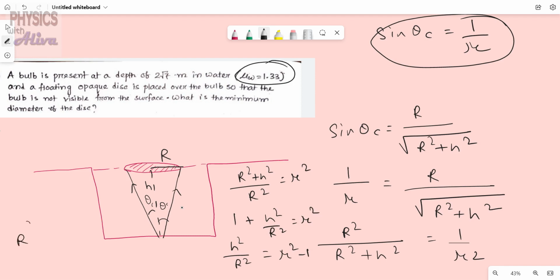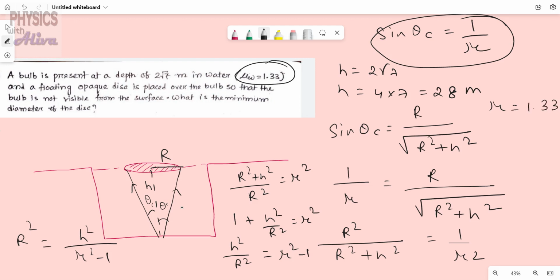So R square is equal to H square divided by mu square minus 1. We know H is equal to 2 root over 7. So H square is 4 into 7, that is 28 meter, and mu is equal to 1.33, right? Now we will put the value.